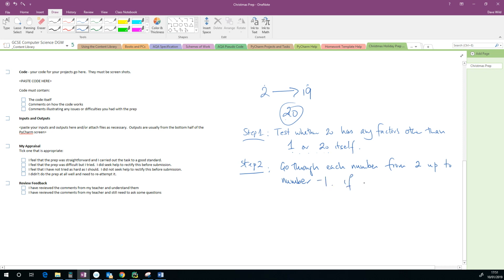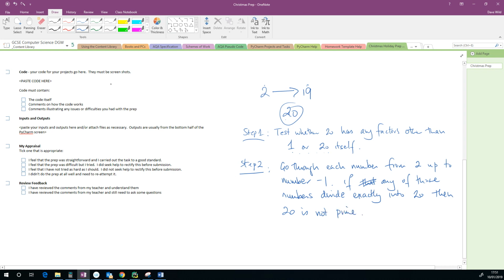If any of those numbers divide exactly into 20, then 20 is not prime.